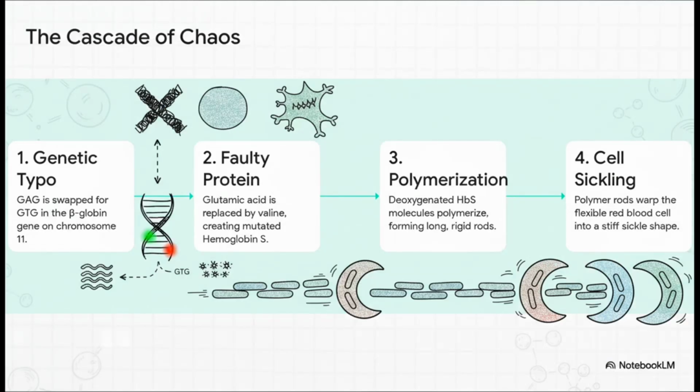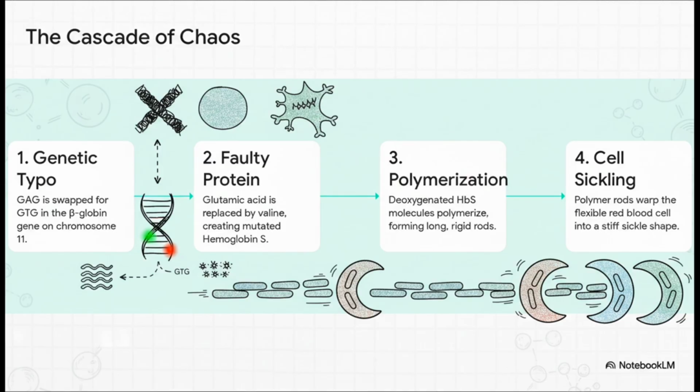Okay, let's walk through this. Step 1, the typo. On chromosome 11, the DNA sequence GAG gets misread as GTG. That one little switch leads to step 2, a faulty protein. A water-loving amino acid gets swapped out for a water-fearing one. And this is where the trouble really starts. This leads to step 3, polymerization.